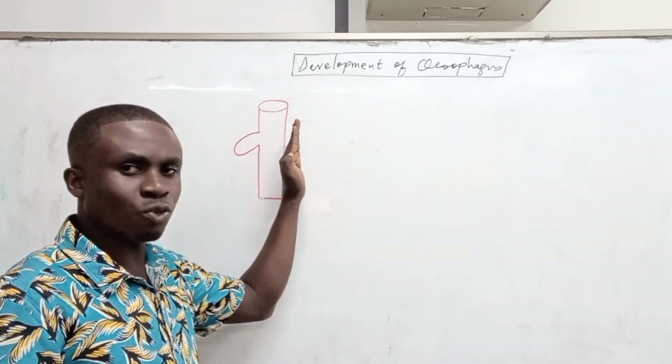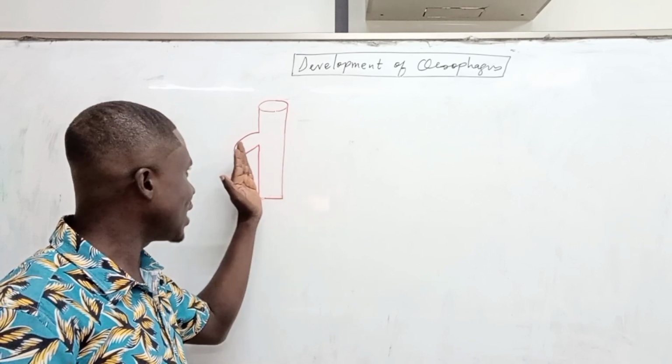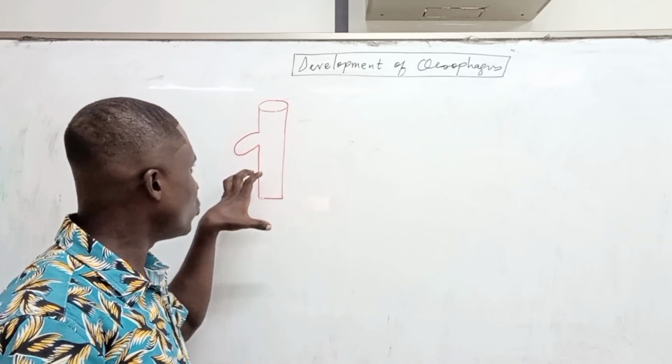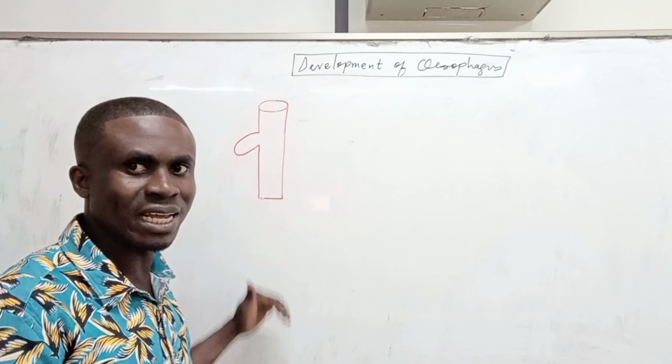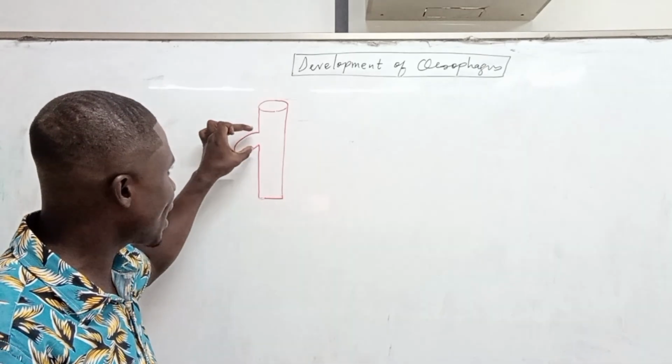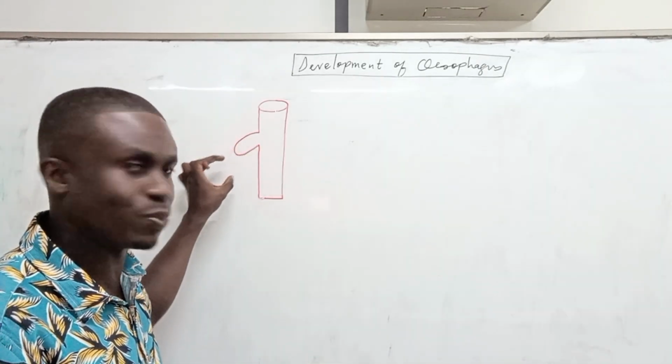So if this is the dorsal or posterior aspect, and this is the anterior or ventral aspect, then we see that the foregut, I'm not drawing the entire gut tube, will be having an outputting structure from the ventral aspect going downwards.